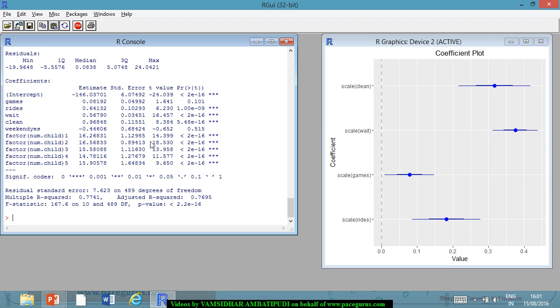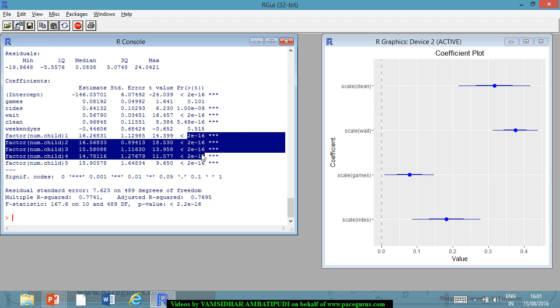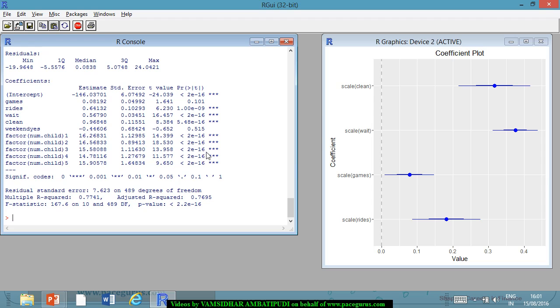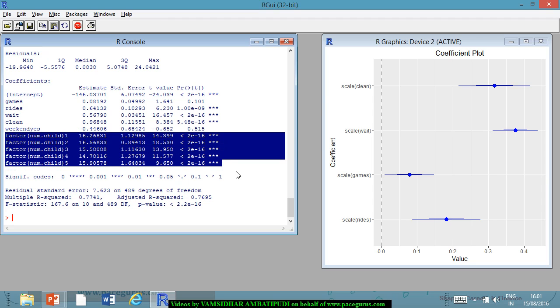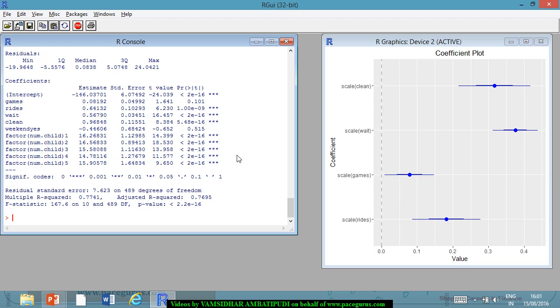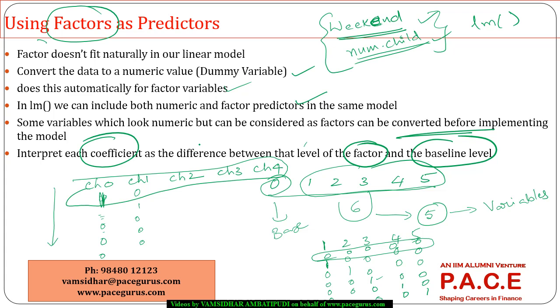So for people where no children are visiting the park versus the people where at least one child is visiting the park, I could see that the significance levels are higher. So at least we can make a conclusion that people who are visiting the park with at least one child, their overall satisfaction is much higher, all else remaining the same, compared to the people who are visiting the park without a child. Right? So that's one thing that we are able to bring out.